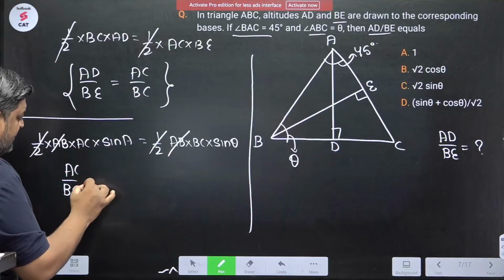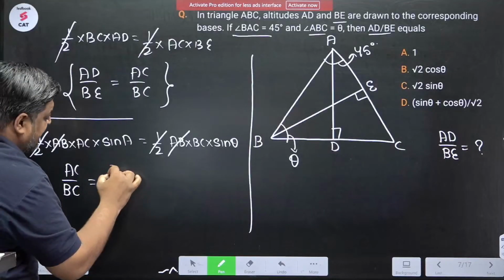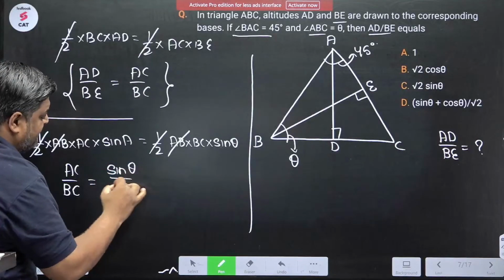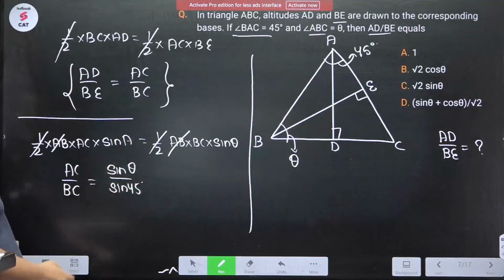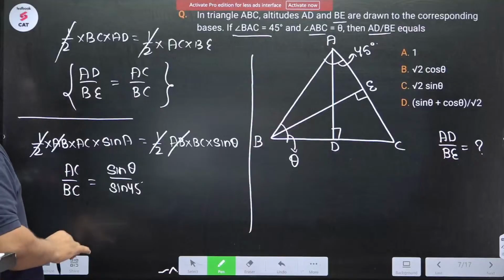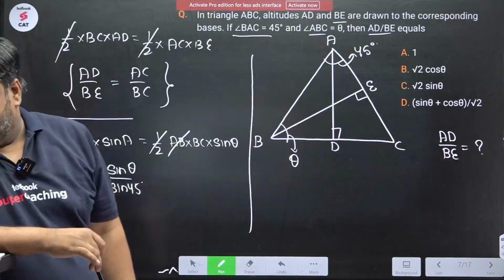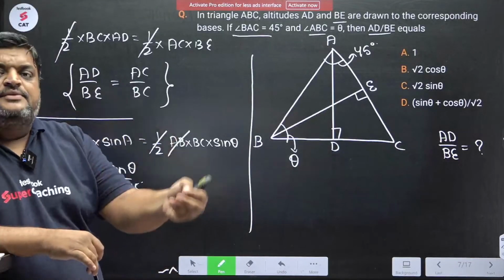I am looking for AC by BC, so AC by BC would be equal to sin theta upon sin 45, because angle A is 45. What is sin 45? It is 1 by root 2.